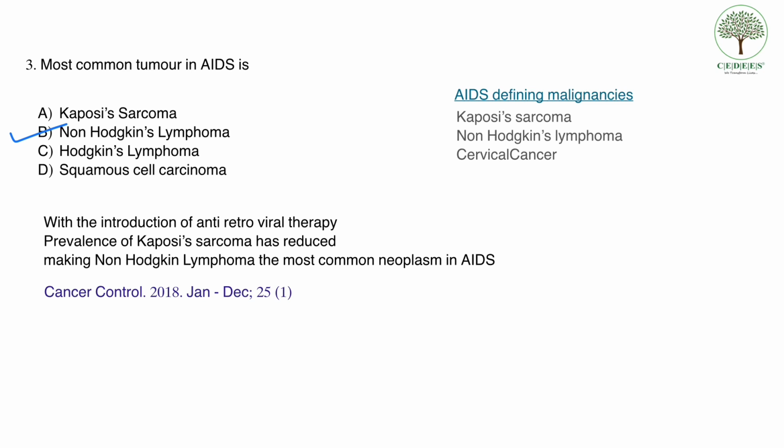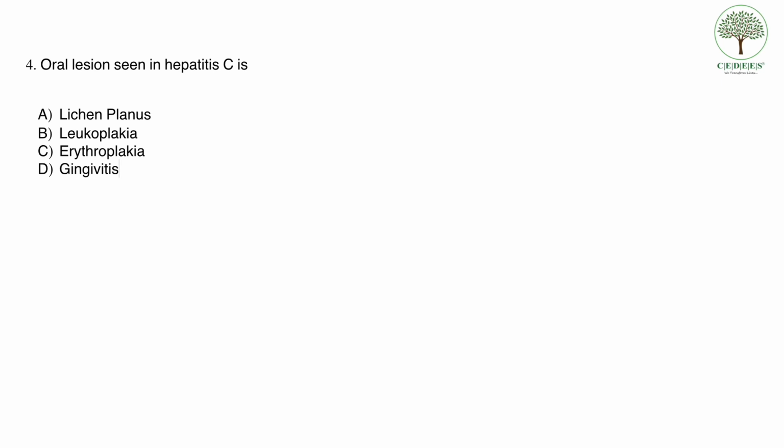Our next question is: oral lesion seen in hepatitis C is, and your options are: A, lichen planus; B, leukoplakia; C, erythroplakia; D, gingivitis. The correct answer is A, lichen planus. As you all know, hepatitis C is a viral disorder, and extrahepatic manifestations usually represent the first sign of hepatitis C infection.